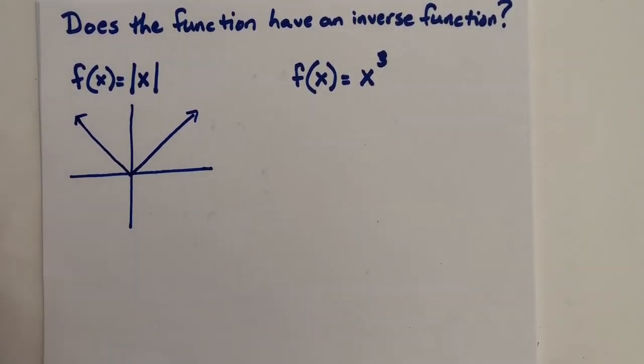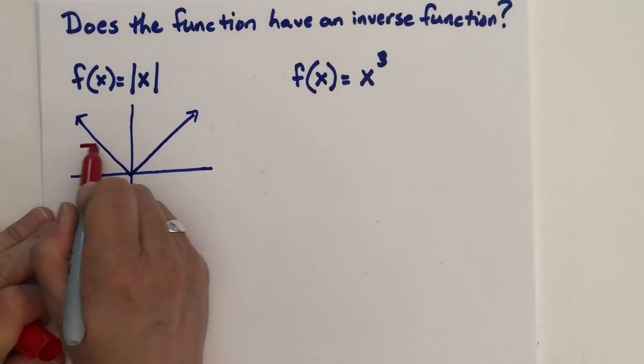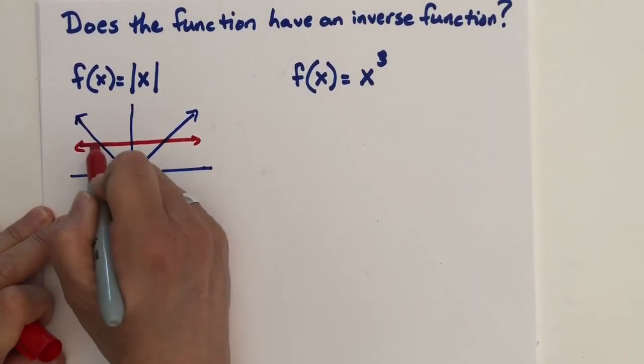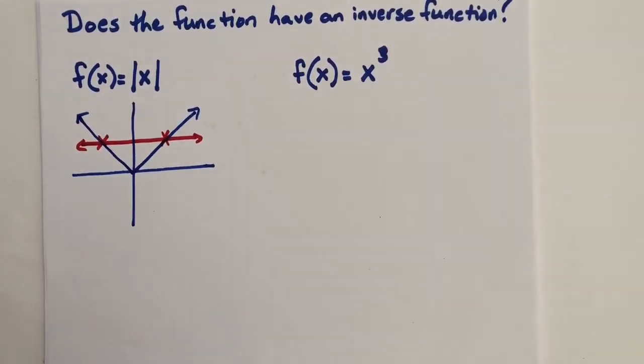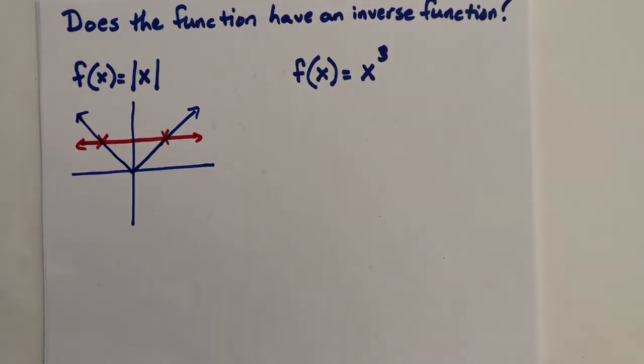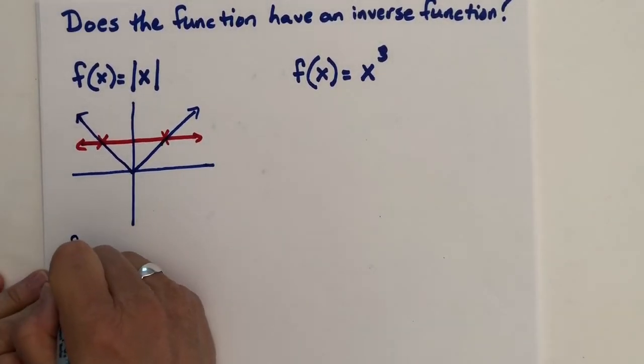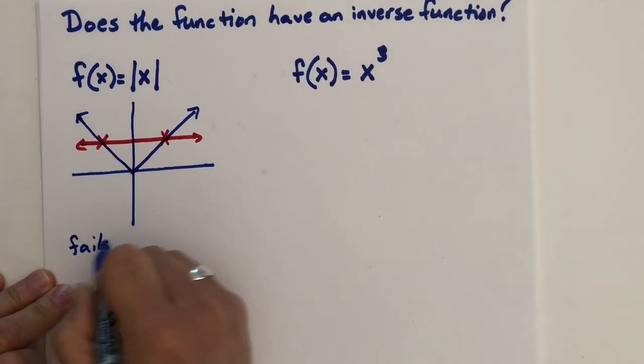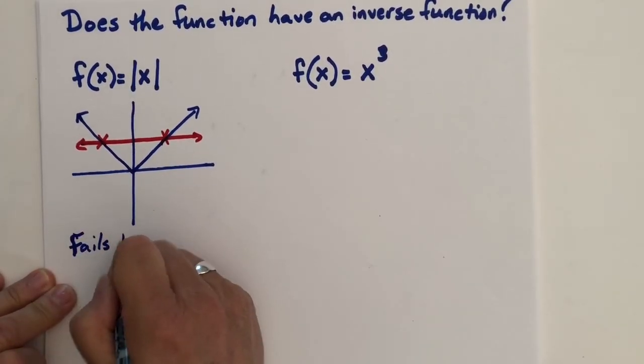Notice if I draw a horizontal line right here, it would hit in 2 points. So we say this fails the horizontal line test.